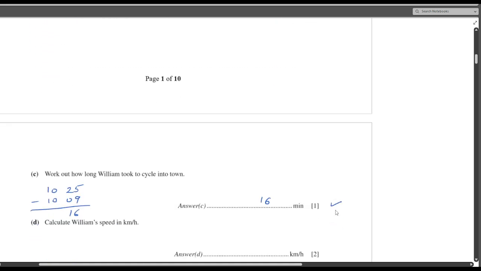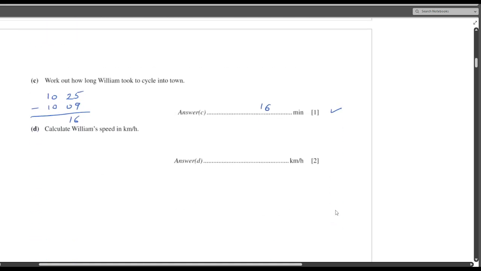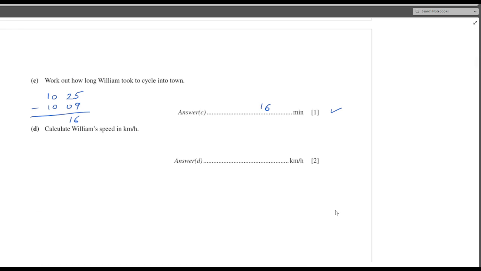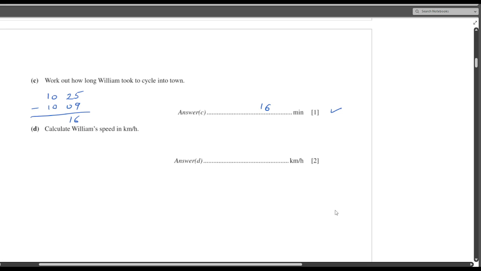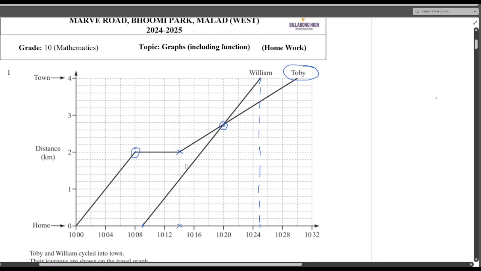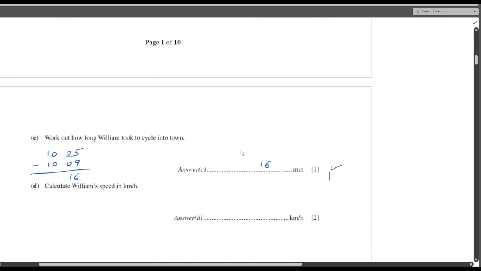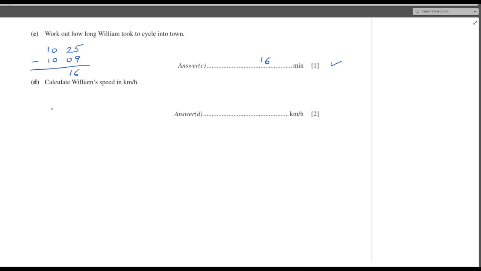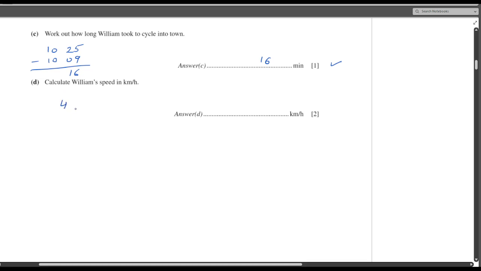Now the next question is, calculate William's speed in kilometers per hour. We know that William's time is 16 minutes, and the distance he covered is 4 kilometers. Now my answer should be in kilometers per hour. So 4 divided by the time, 16 minutes, which I will convert into hours.